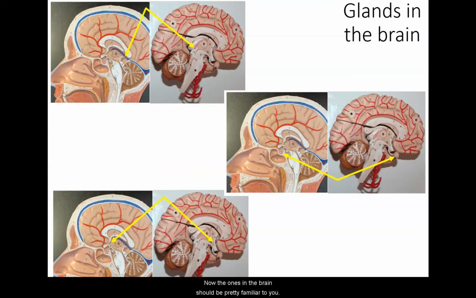Now, the ones in the brain should be pretty familiar to you. So you should be able to identify that the one up here that we're seeing right there and right there, that would be the pineal gland. The larger one that's anterior to the thalamus here is the pituitary gland.